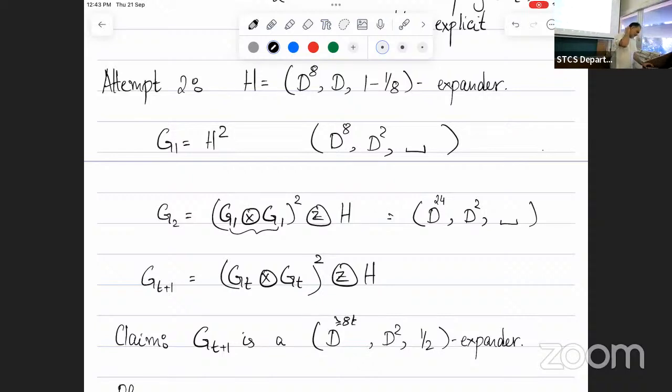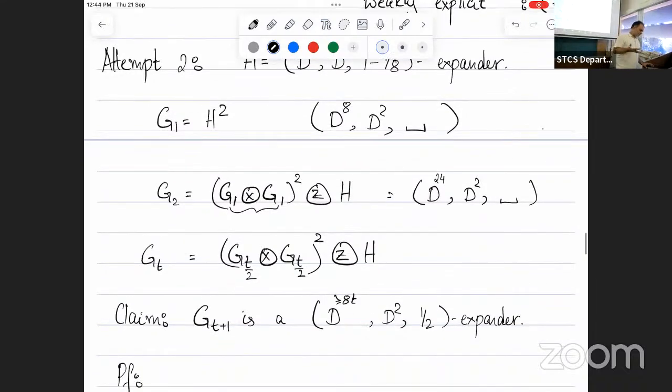Because you want doubly exponential, that is what will give you strong. So here what I'm going to do is a t by 2. Let me write it this way, because the calculation is going to become a little easier.